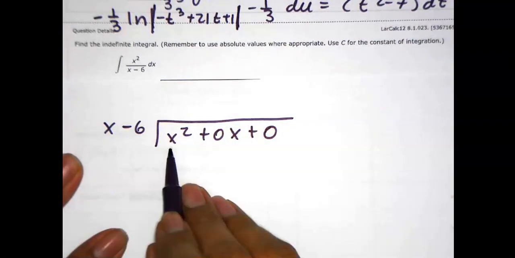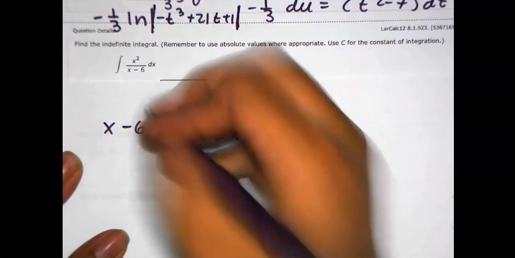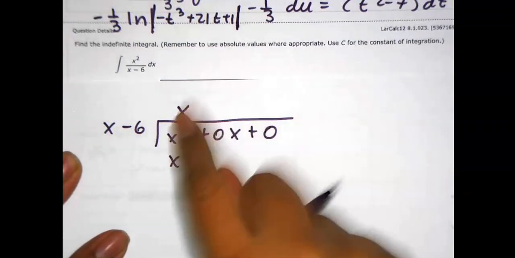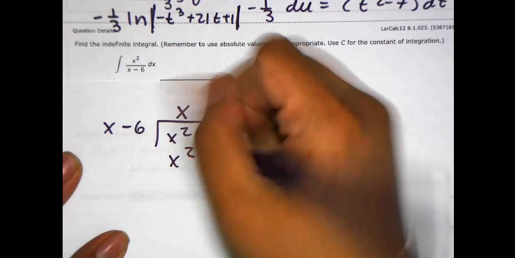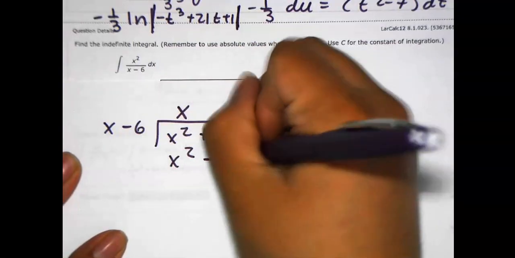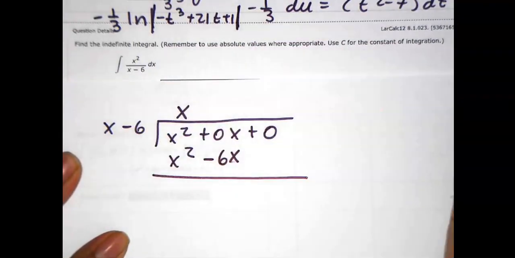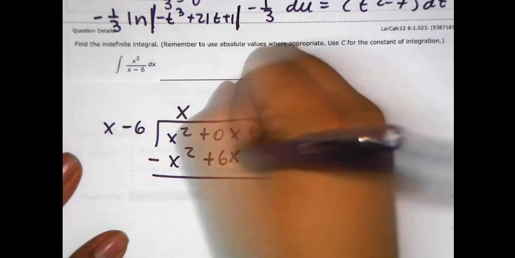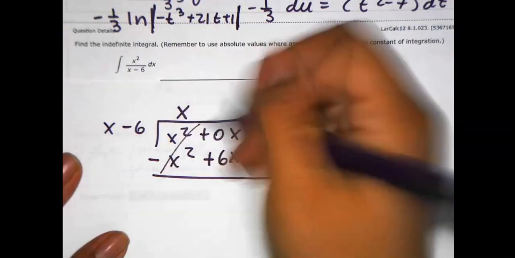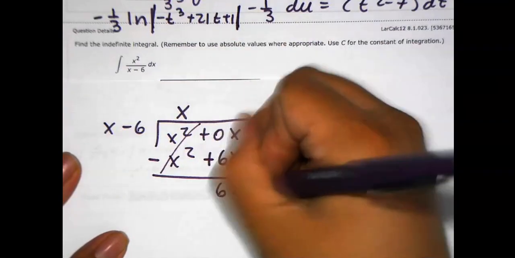X times what gives me x squared? X. X times x. X times negative 6 will be. Then I change the signs. Those two cancel out, and it has 6x plus 0.